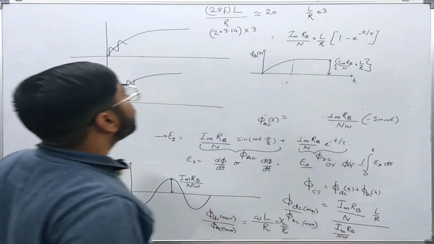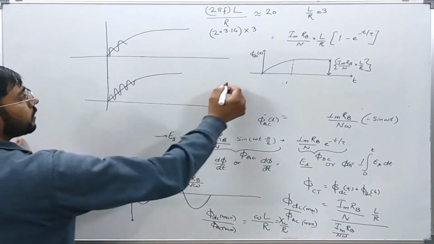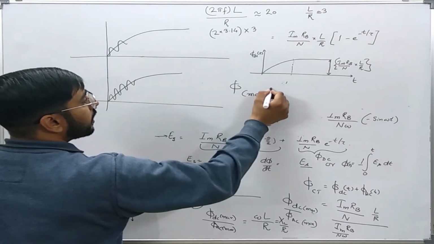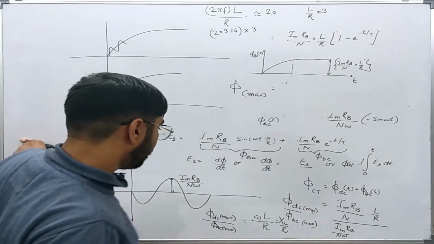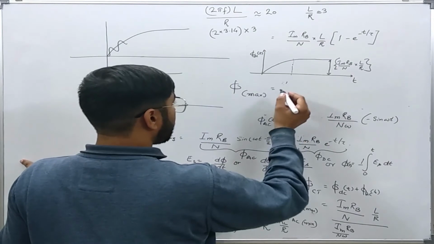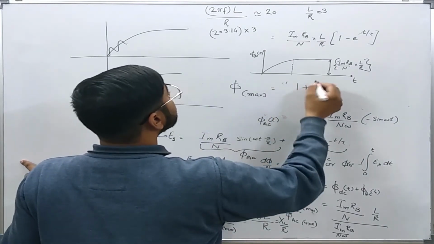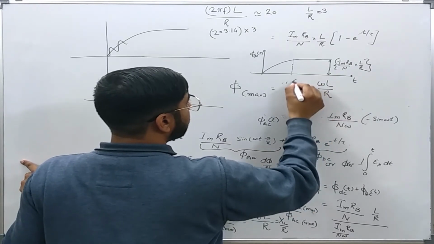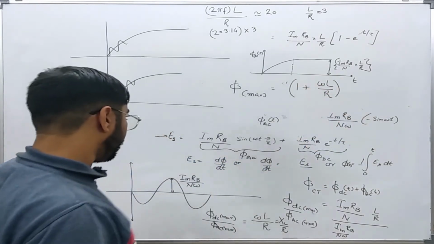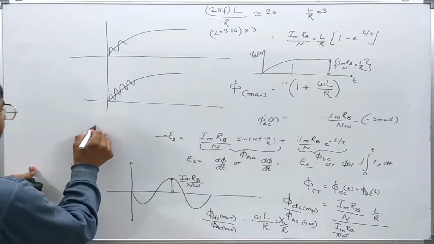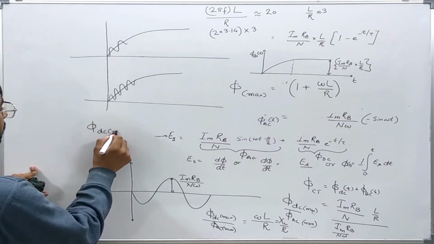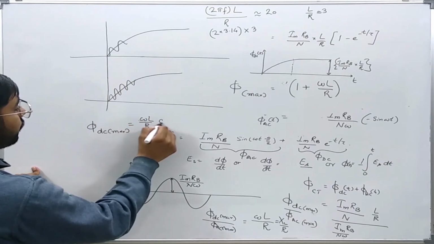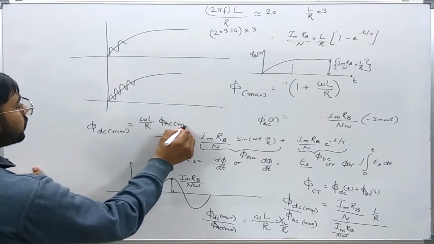Okay, so you see that phi max can range from 1 plus omega L over R value, since phi DC max is equal to omega L over R times phi AC max.